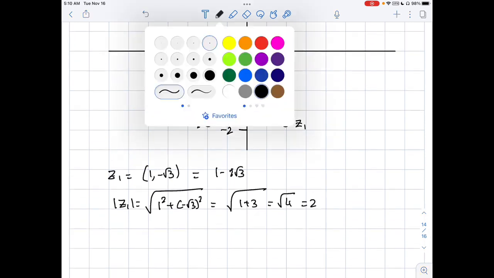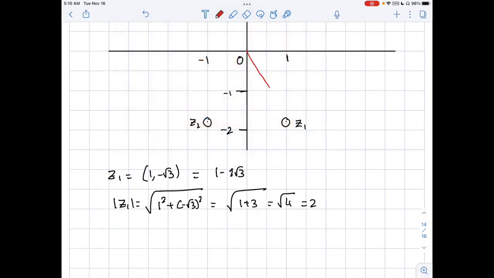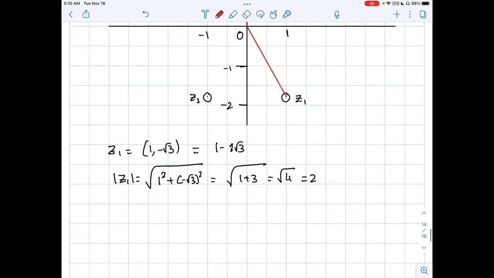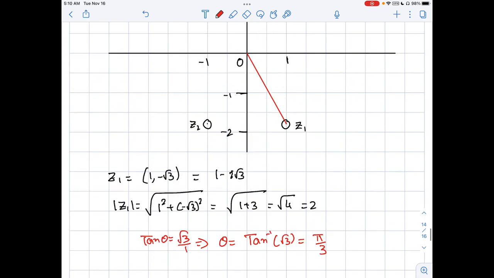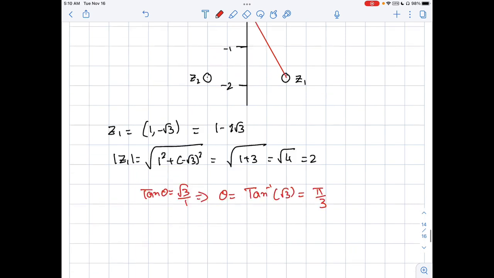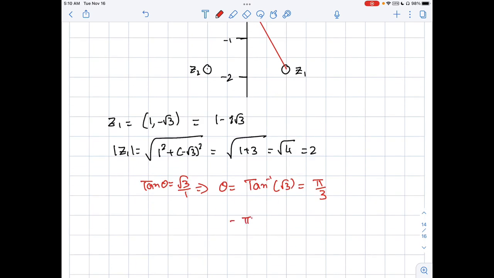Argument means angle with the positive x-axis. So tan theta is equal to root 3 upon 1, which implies theta is equal to tan inverse of root 3, which is 60 degrees, but it should be with the positive x-axis, so it is going to be minus pi upon 3.